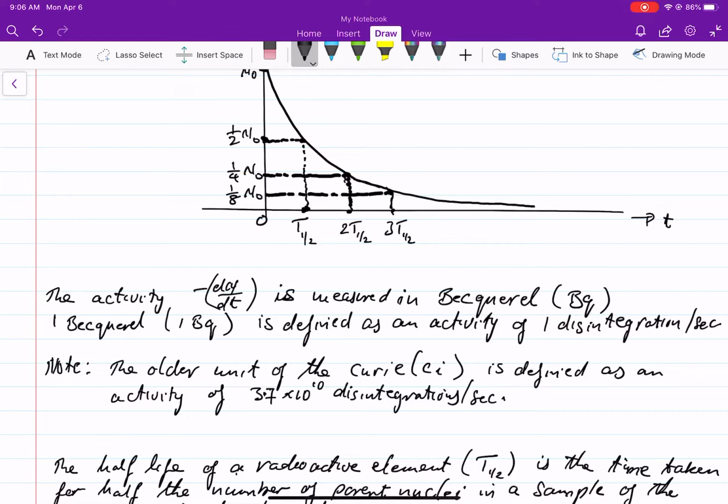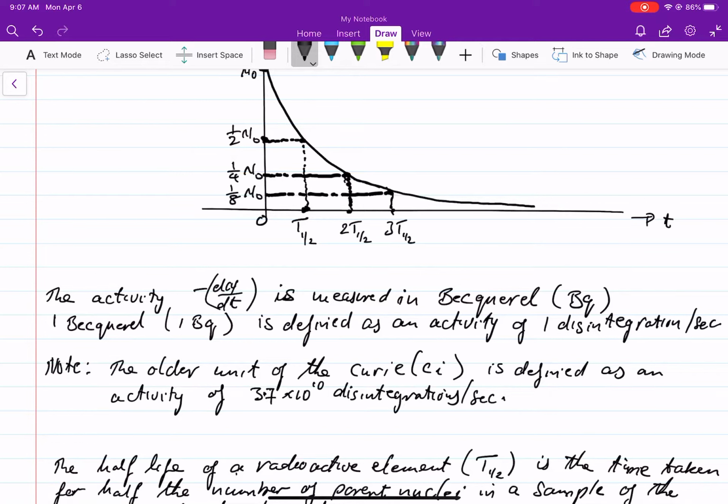The activity, minus dN/dt, is measured in becquerels. 1 becquerel is defined as the activity of one disintegration per second. Note the older unit is the Curie, defined after Madame Curie.